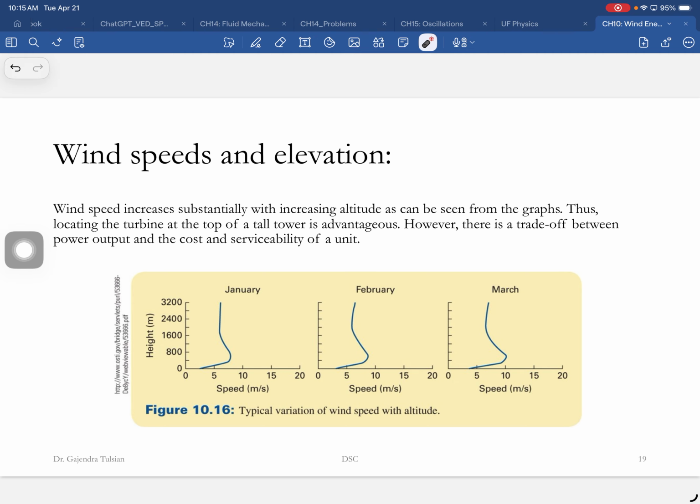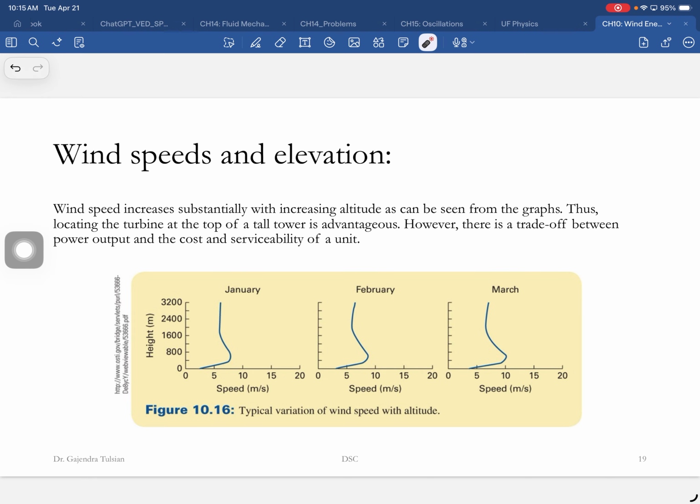You guys have seen those Embry-Riddle planes fly near the beach. They're flying at about 800 meters. So that's how high you want to be for the strongest wind.